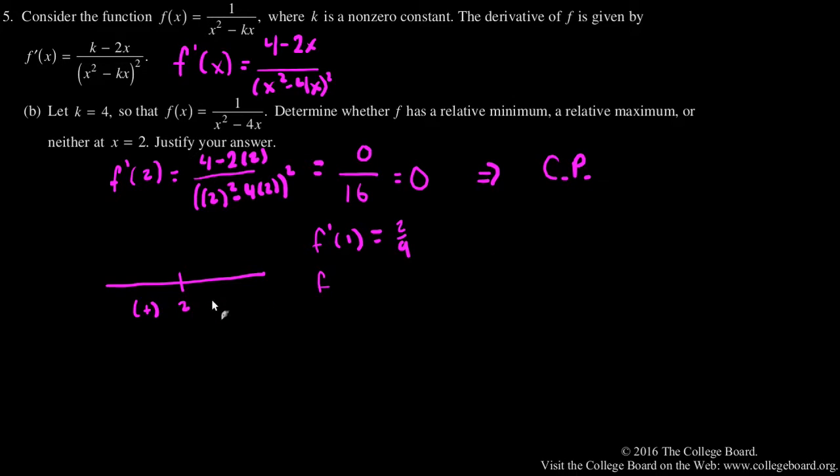We'll consider something to the right of 2, for instance 3. And in this one, 4 minus 6 is negative 2. 9 minus 12 is 3, squared is 9, so I get negative 2 over 9, which is, of course, negative.